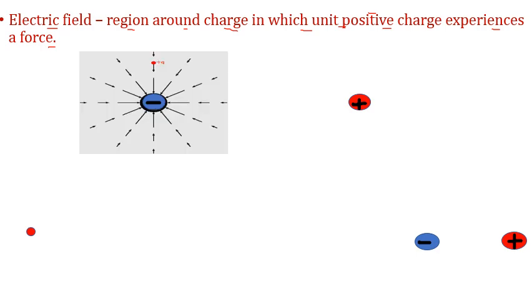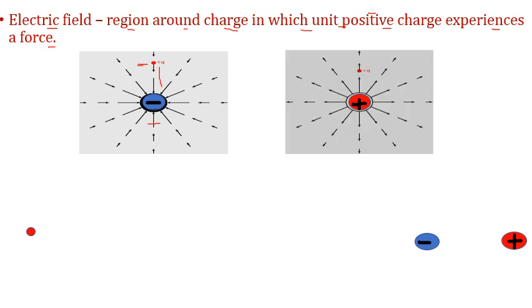See, this is minus q charge, and in its surrounding region there is electric field. If we keep this positive unit test charge at this particular position, then it will experience the attractive force in this direction.